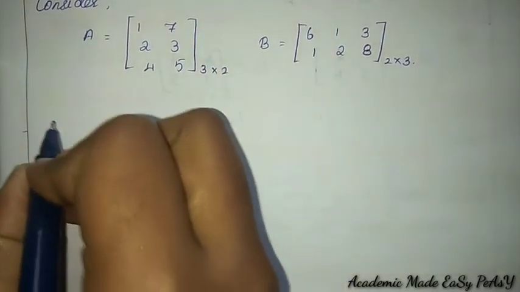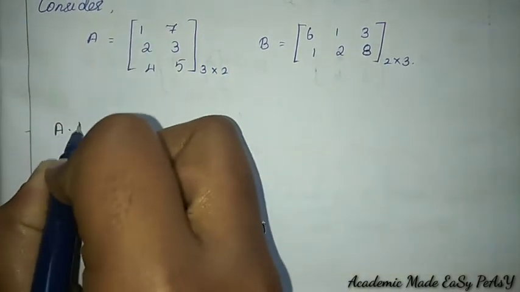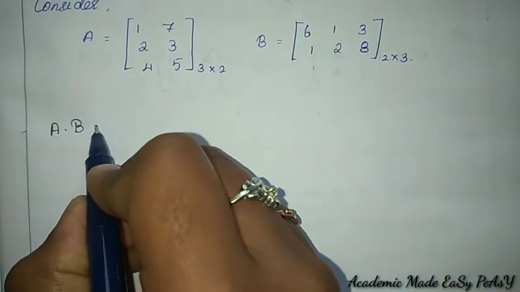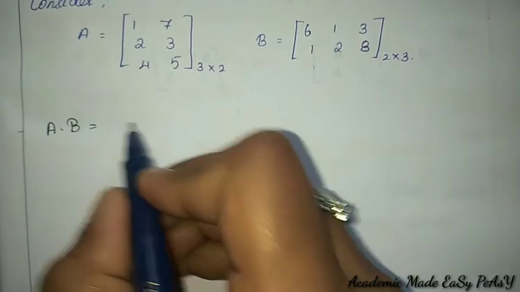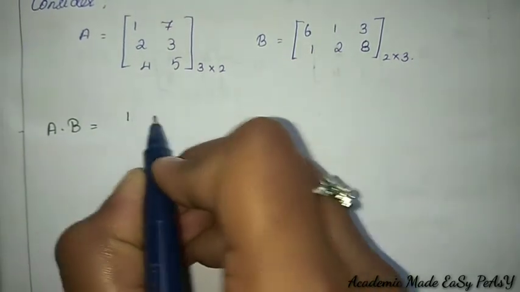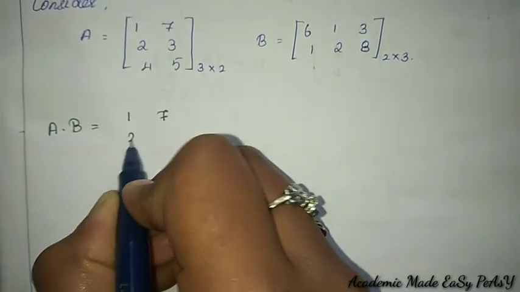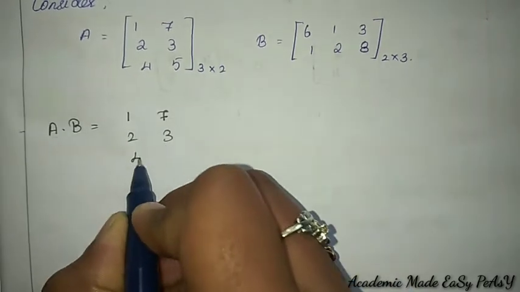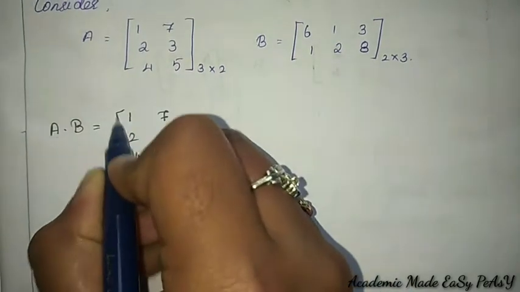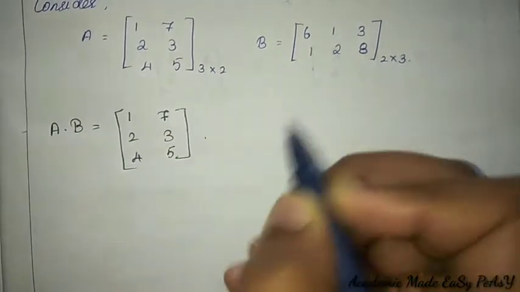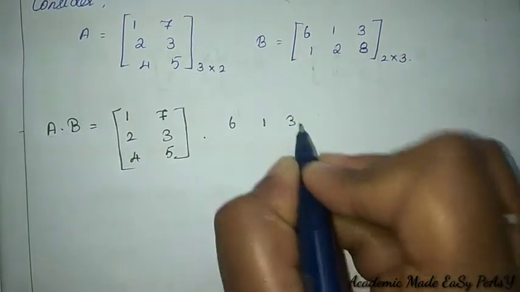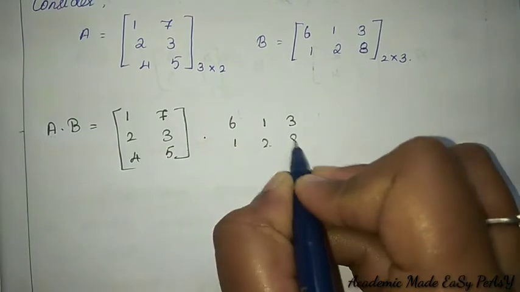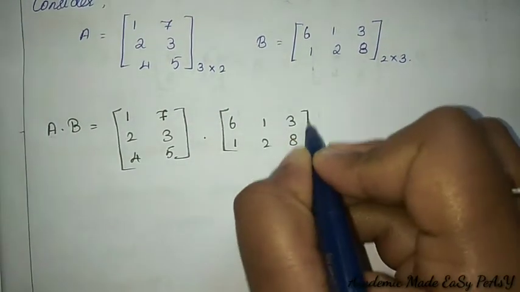A into B is equal to, so now I will multiply matrices A and B. So I will have 1, 7, 2, 3, 4, 5. This is matrix A, and my matrix B is 6, 1, 3, 1, 2, 8. This is my matrix B.